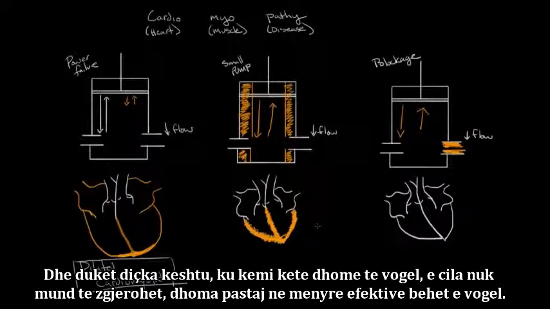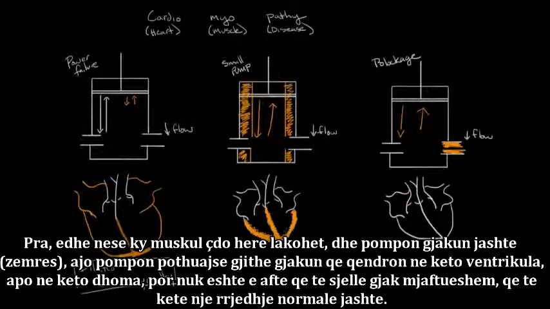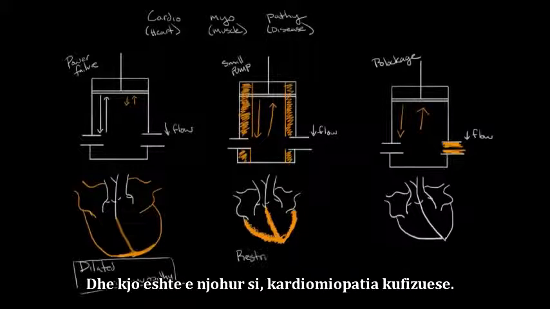Now that it can't dilate out, the chamber effectively becomes smaller. So even though every time this muscle flexes it pumps almost all of the blood contained in these ventricles out, it's not able to bring enough in to have a normal flow out. And this is known as restrictive cardiomyopathy.